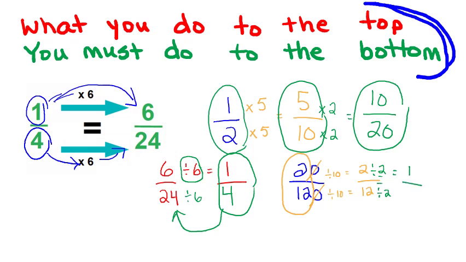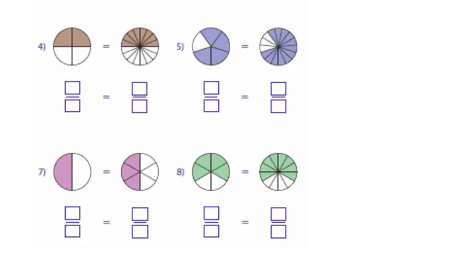How many 2's fit in a 12? 6. So the original fraction that I started with, 20 over 120, is exactly the same as 1/6. So this is using symbolics, using just symbols, numbers, x's, division signs, to get our equivalent fraction.